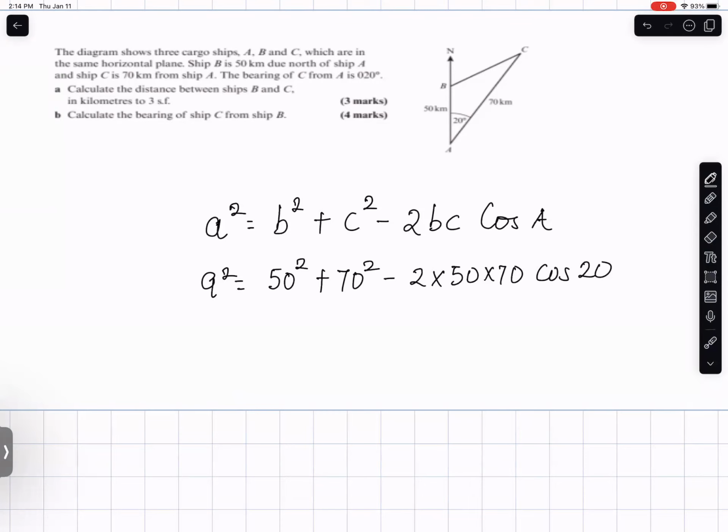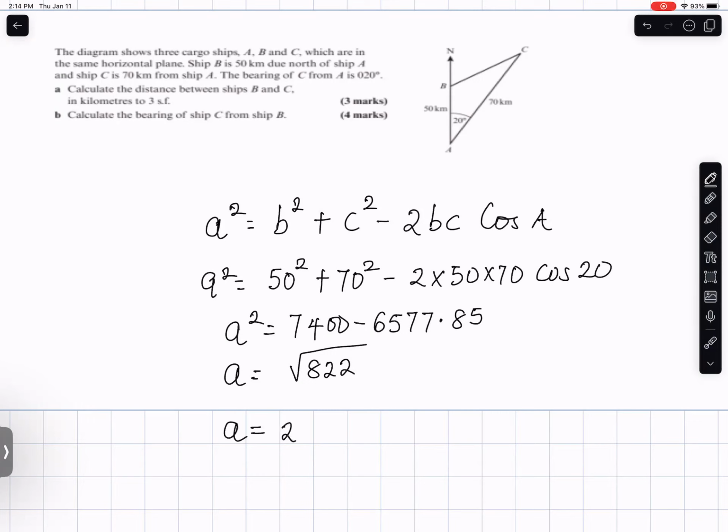So a squared gives us 7,400 minus 6577.85. So my a becomes the square root of 822, about 28.7 kilometers.